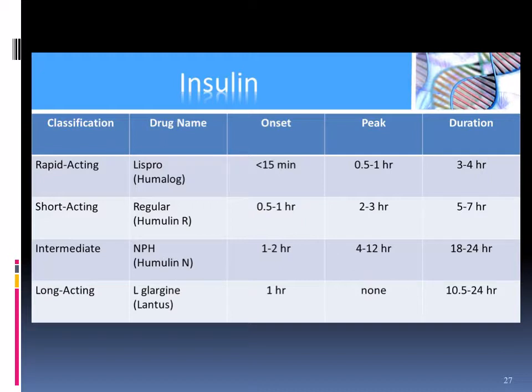It's very important, and that is shown for you in your textbook on the types of insulin. It's very important to know the peak because, for instance, knowing when to expect hypoglycemic reactions is very important when you're working with a client who is a diabetic.